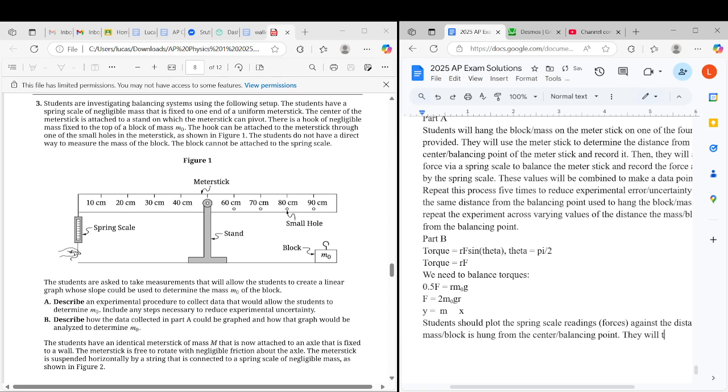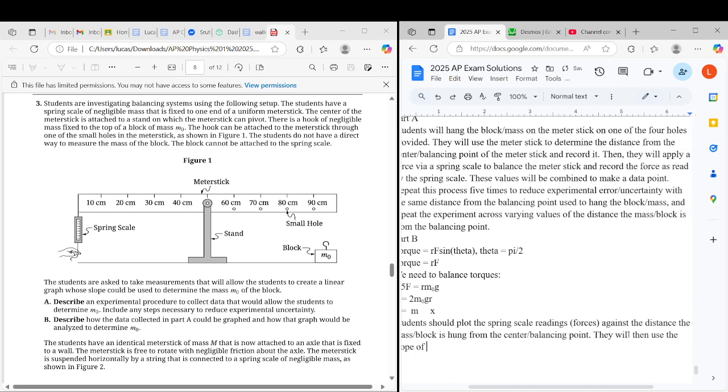They will then use the slope of the resulting best fit line to calculate an experimental value for m sub 0 using the relationship slope equals 2 m sub 0 times g.